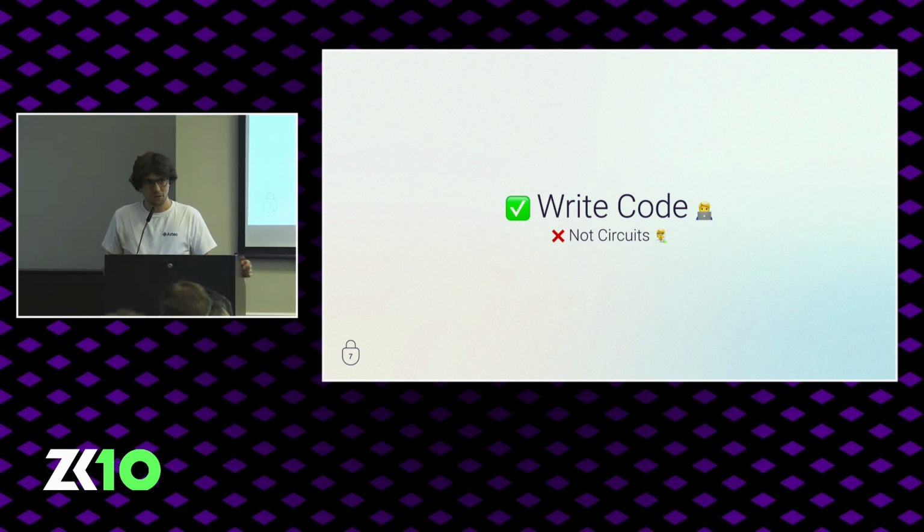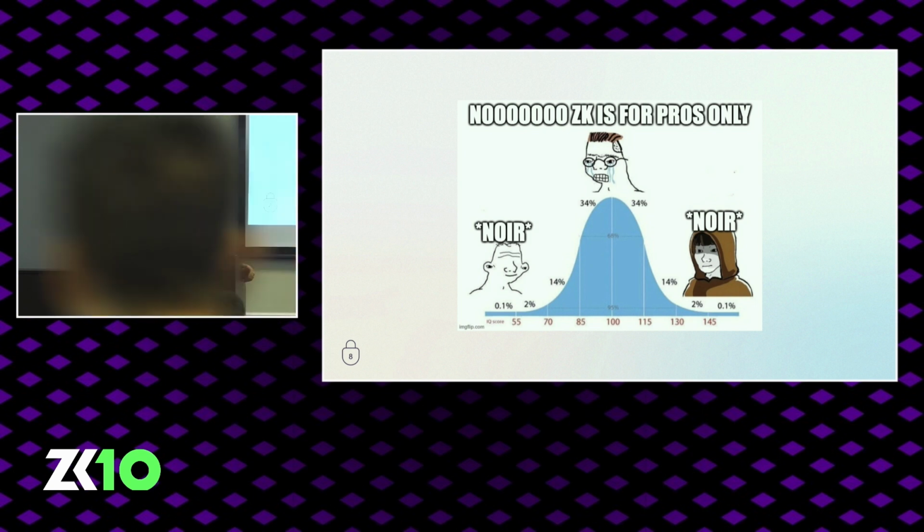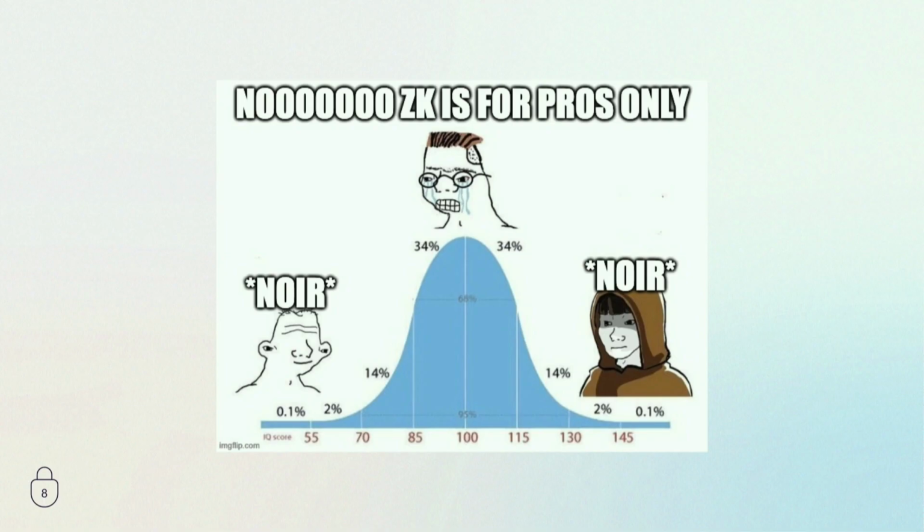We want something that developers are used to working with: code, programs, smart contracts for Aztec Sandbox. So we want to target not only the beginners, but also everyone else who says, I just want ECDSA signature verification.